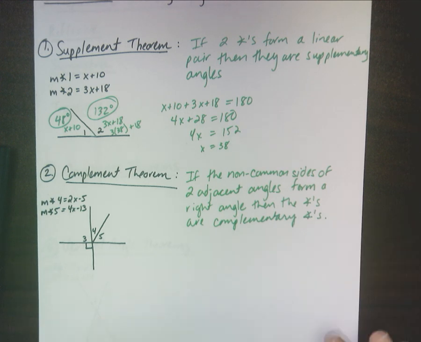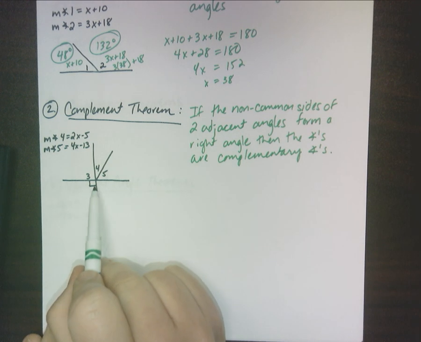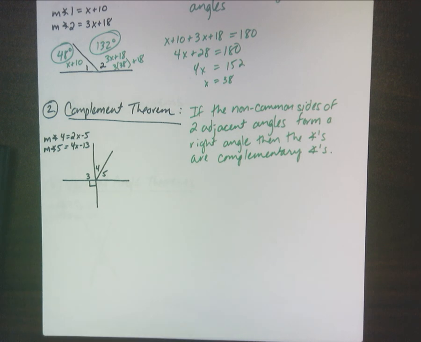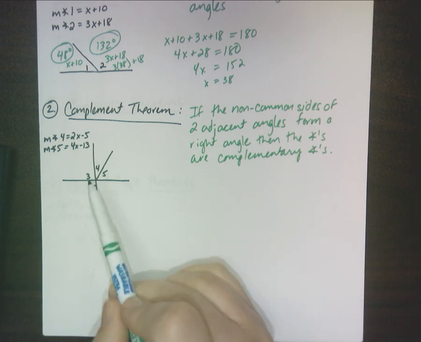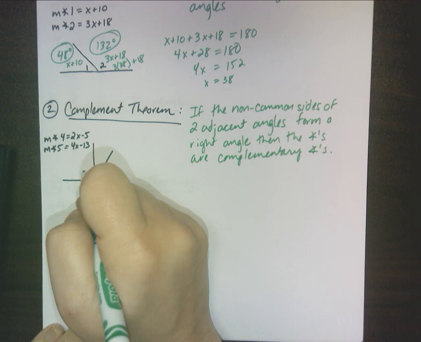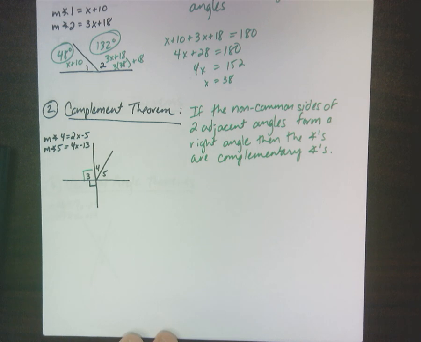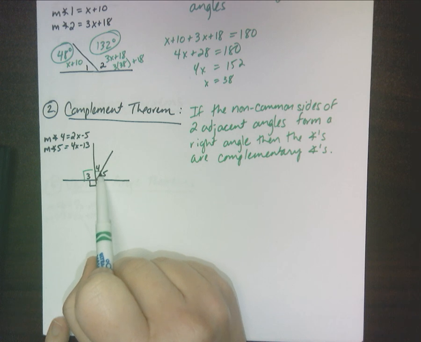Okay, so here I've given you another picture. I see that right angle right there. I know by the supplement theorem that 3 and this right angle are forming a pair, so that means this must be a right angle. And then this 3 is forming a right angle with both of these.